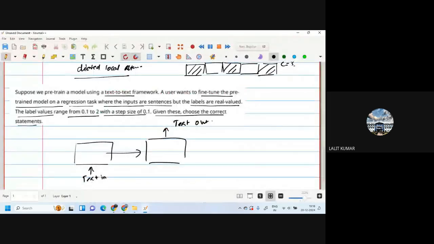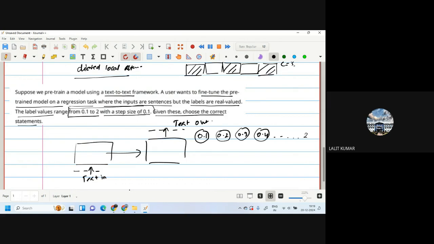So we have to understand that in text in, text out, we can feed text in and take text out. Here we have only a limited number of choices: 0.1, 0.2, 0.3, 0.4 up to 2. So this can be considered as text also.